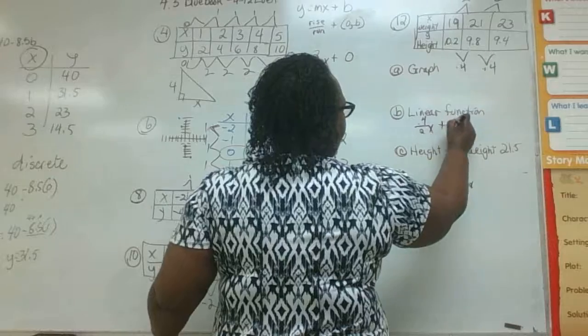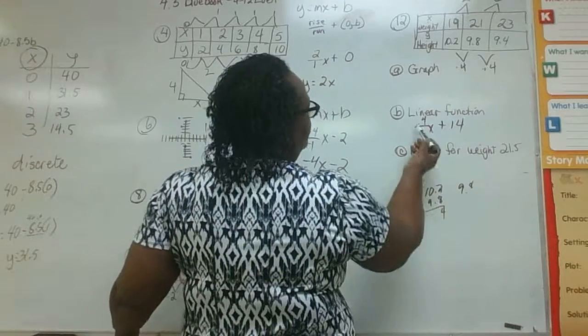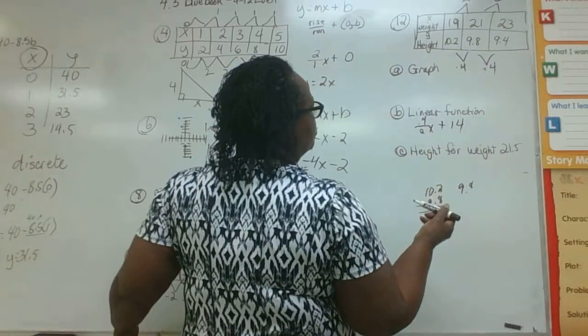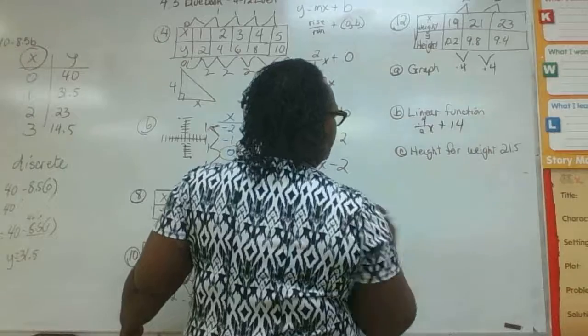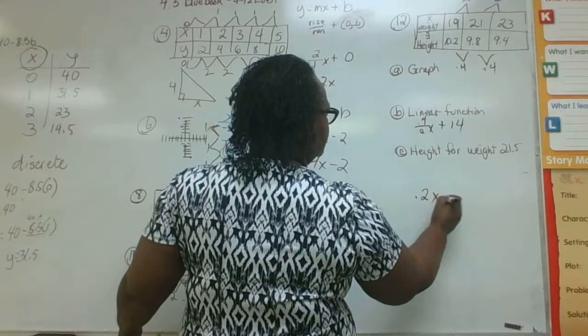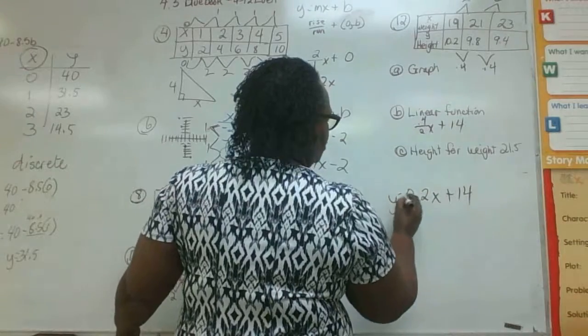If we were to plug it in, all right? And so what ends up happening, we would simplify. 0.4 divided by 2 will give us 0.2x plus 14. All right? That would be our equation.